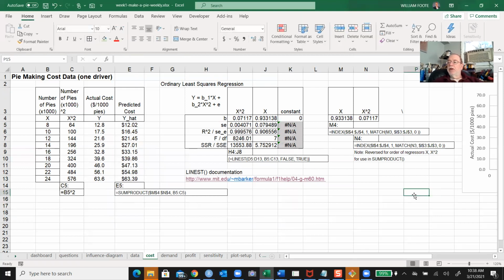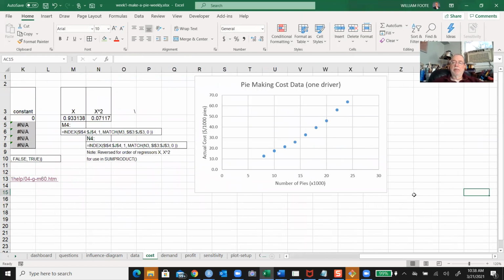Let's go over here and look. There we go. And you can see that it's automatically bringing in the name of the X and the name of the Y again. And it's almost a straight line.